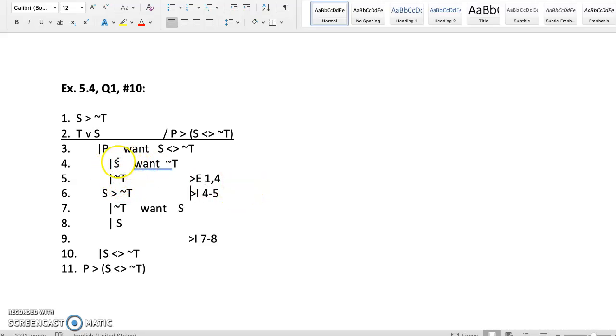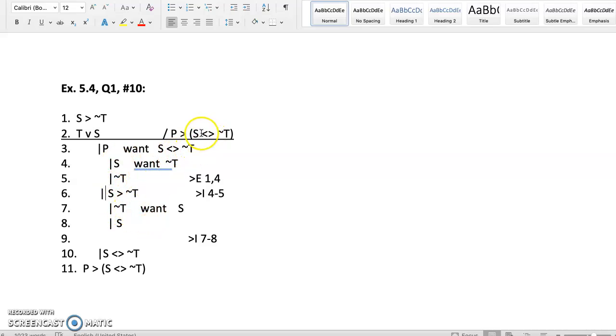So this subderivation gave us the conditional, if S then not T. Now notice this, we stay on this indent line, because this was the assumption S, we wanted not T. So we did move back one indent from our assumption, but we didn't move all the way back because our assumption was indented twice, right?